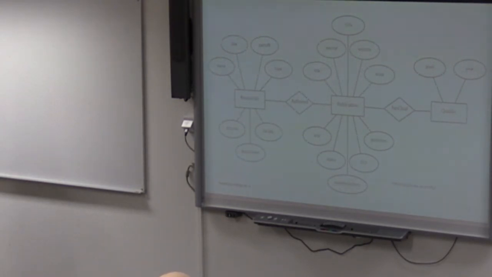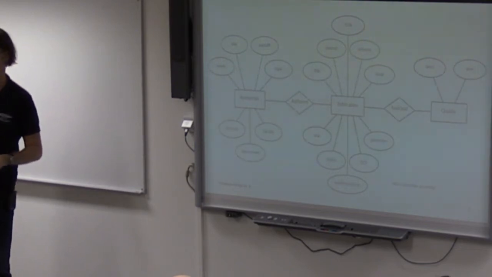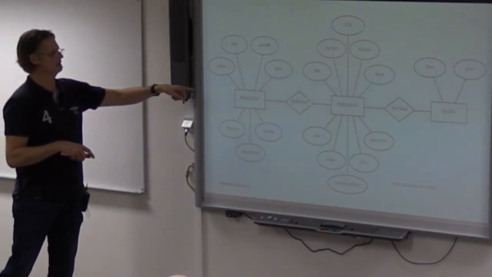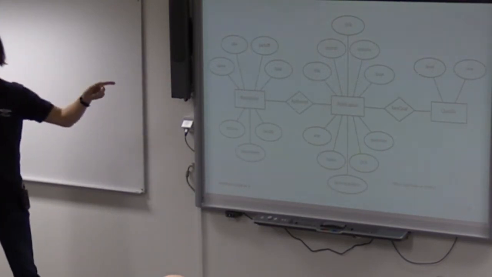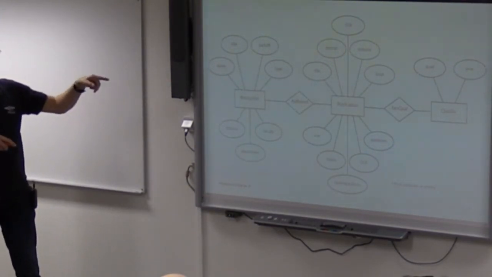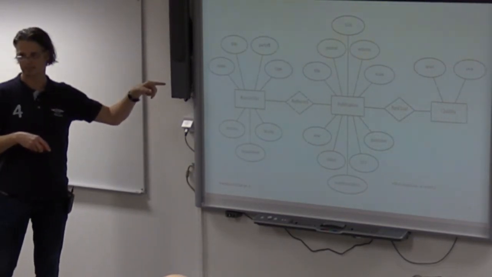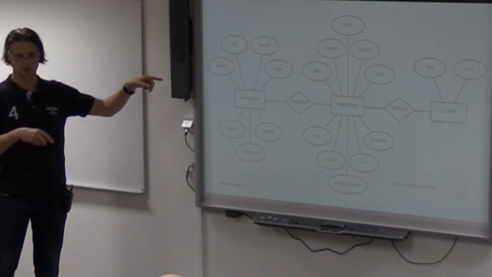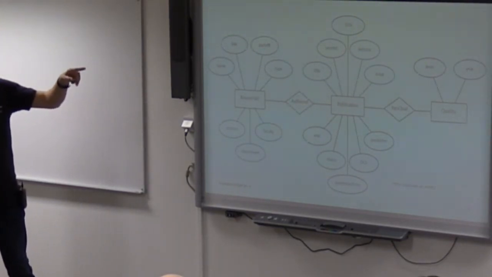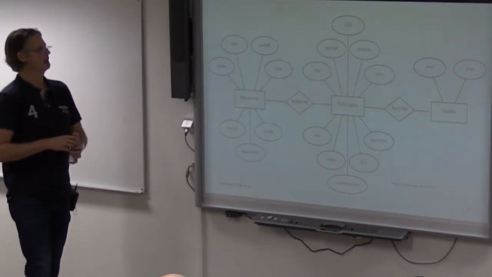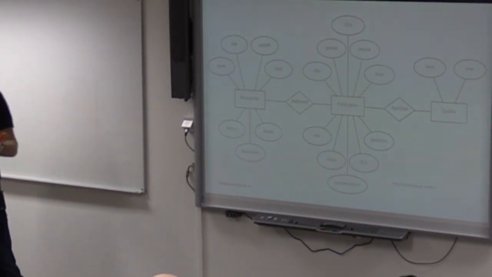Moving over to the concept of constraints, let's have a look at that model. If we look at each entity here, is there an attribute or a group of attributes that identifies an instance of that entity? Is it possible to find one for each of these three entities? Well, how do you identify a researcher?